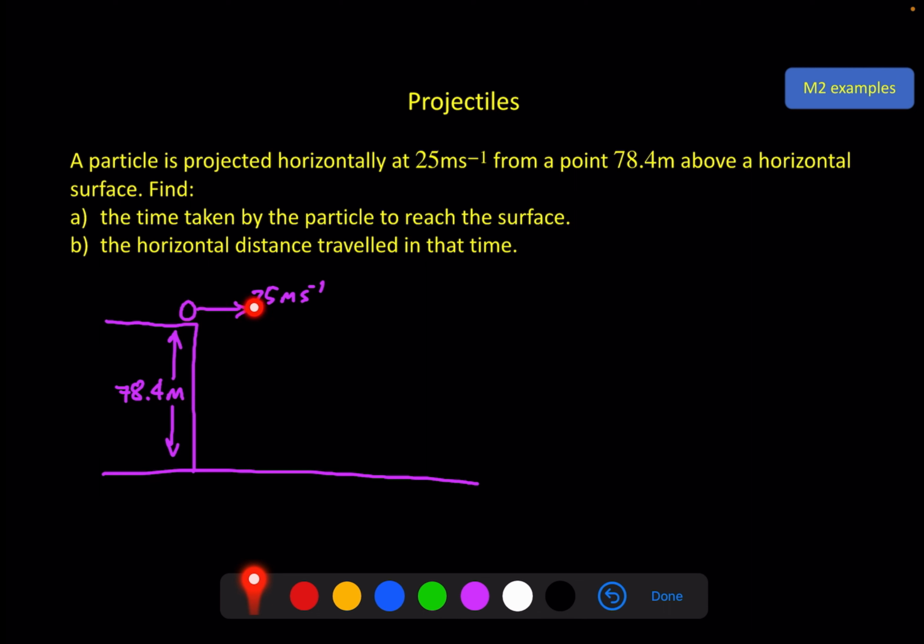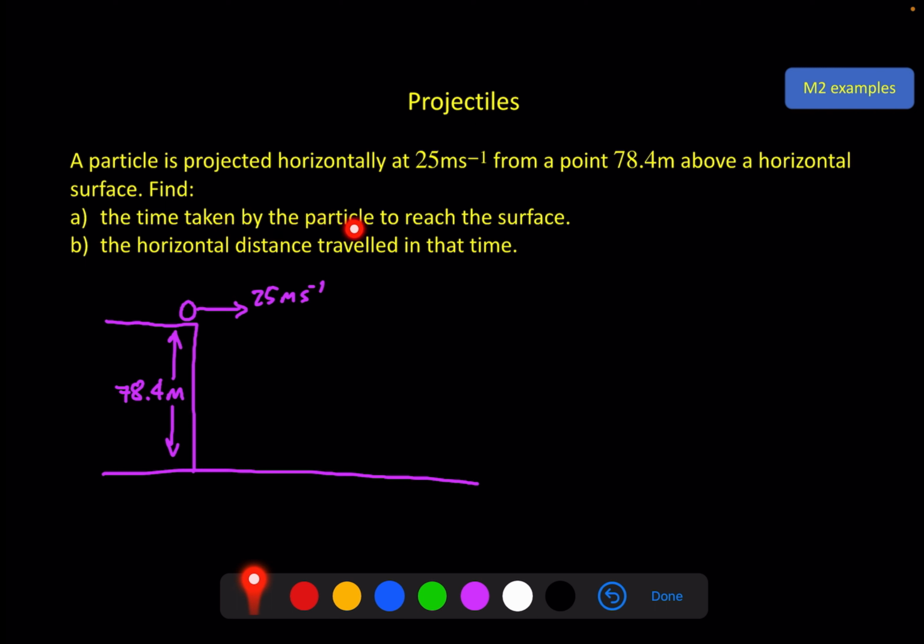The acceleration in the horizontal direction is 0. The acceleration, once it is projected off this, whatever this is, cliff or whatever, then the acceleration vertically will be 9.8 downwards. So we've got that acceleration information as well.